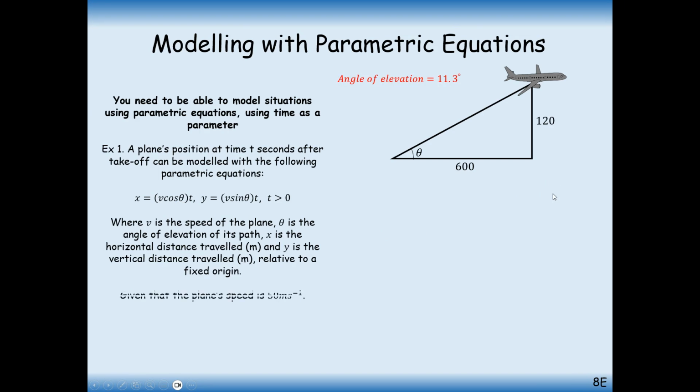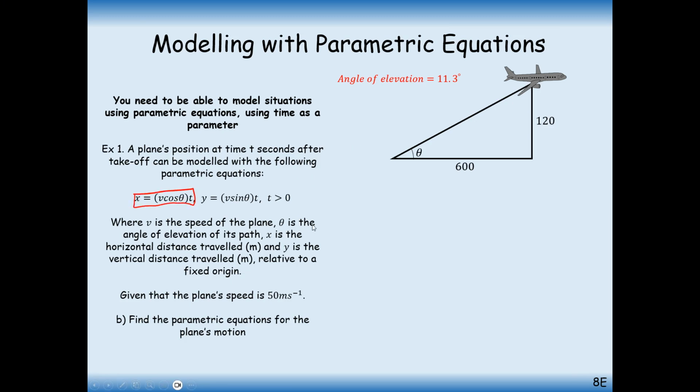Then in the next part of the question, we are asked to calculate the parametric equations given that the speed of the plane is 50 meters per second. So all we have to do now is substitute the angle of elevation 11.3 and the value of 50 for v into these two equations that we were told.